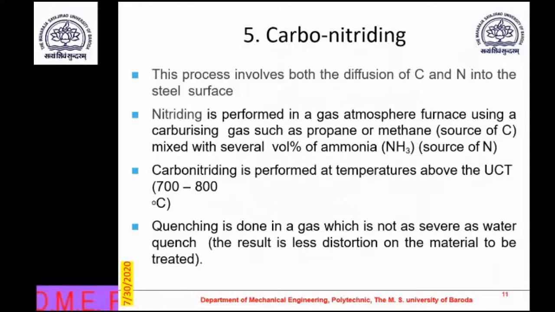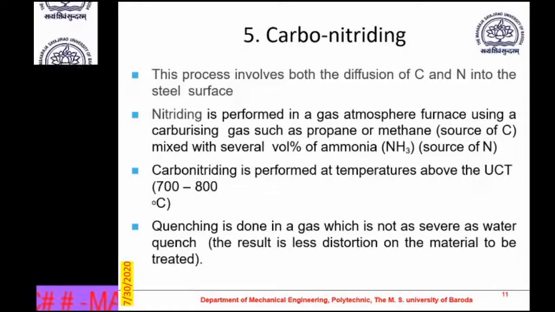Next is a small modification in nitriding, which we call carbonitriding. In this process we have an additional element, that is carbon, along with ammonia, that is nitrogen plus carbon.